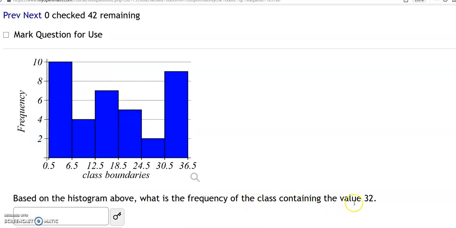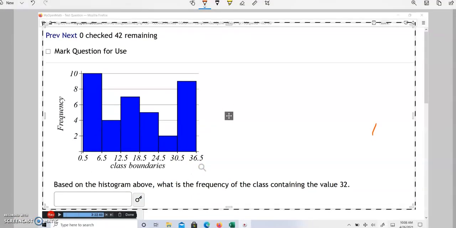The frequency of the class containing the value 32. Well, 32 is right in here, between 30.5 and 36.5, and it looks like that value there would be 9, because it's between 8 and 10. Halfway between 8 and 10, so this would be 9.